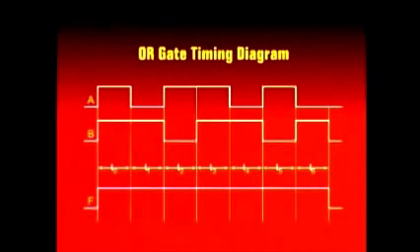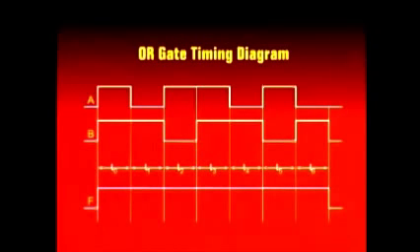Considering the time interval t1, the input A is a 0, the input B is a 1. So what should be the output? If any input is 1, the output has to be a 1. Similarly, for time interval t2, the input A is a 1, the input B is a 0. So what is the output? It should be again 1. If any input is a 1, the output has to be a 1.